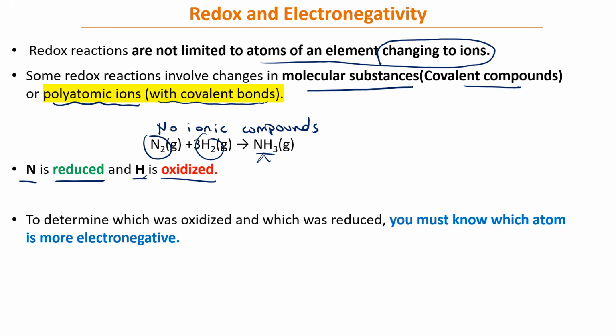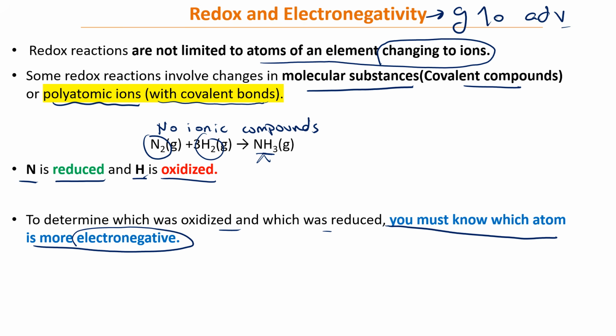To determine which was oxidized and which was reduced, you must know which atom is more electronegative. Electronegativity is something you took in grade 10 advanced, okay, in term 1.